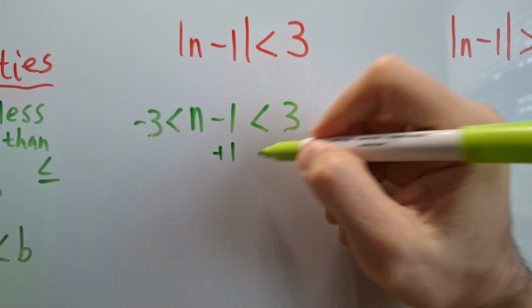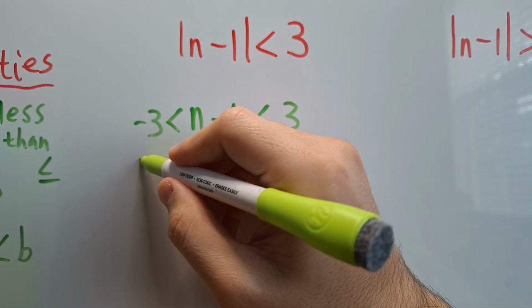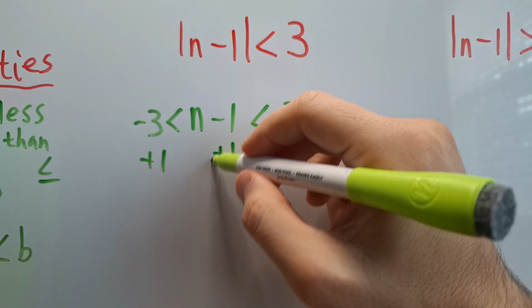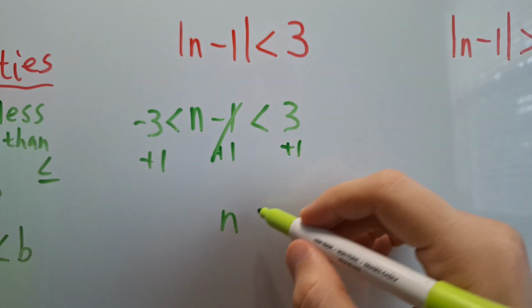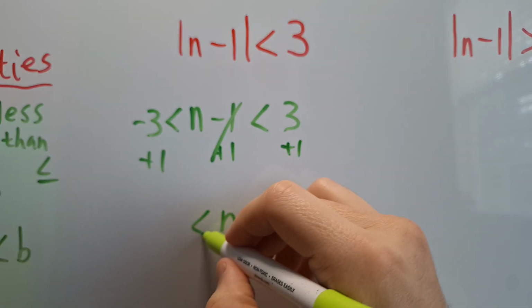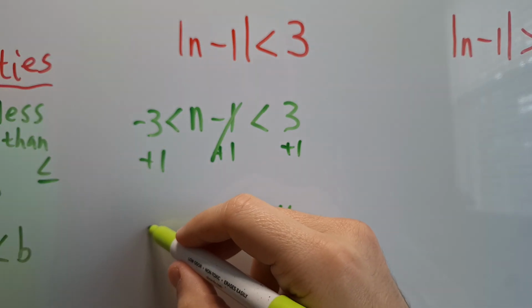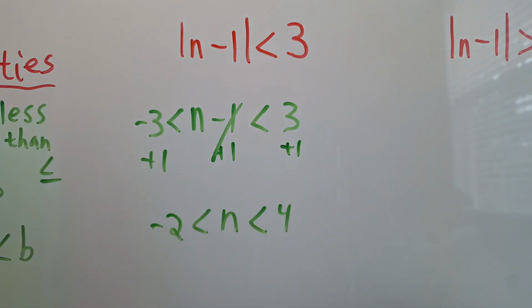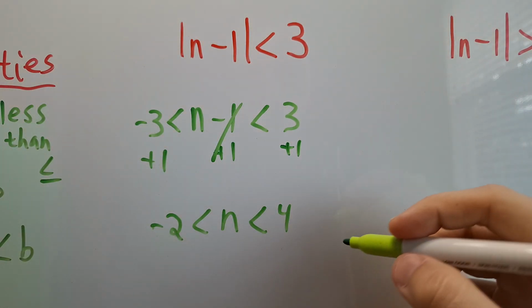Add 1 to every part. So our solution set is going to be exclusively any number between -2 and +4.